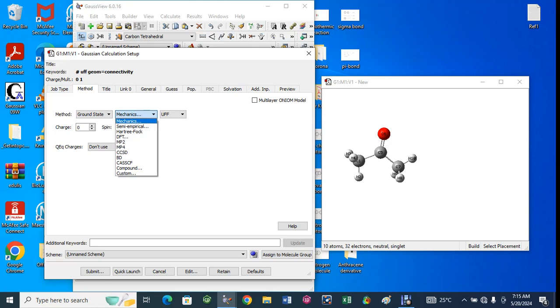In our language in quantum mechanics, we would say it is not computationally expensive, so it doesn't take our time. It is very fast, but the results are not as accurate as we expect. Some people classify this molecular mechanics approach under the empirical approach.